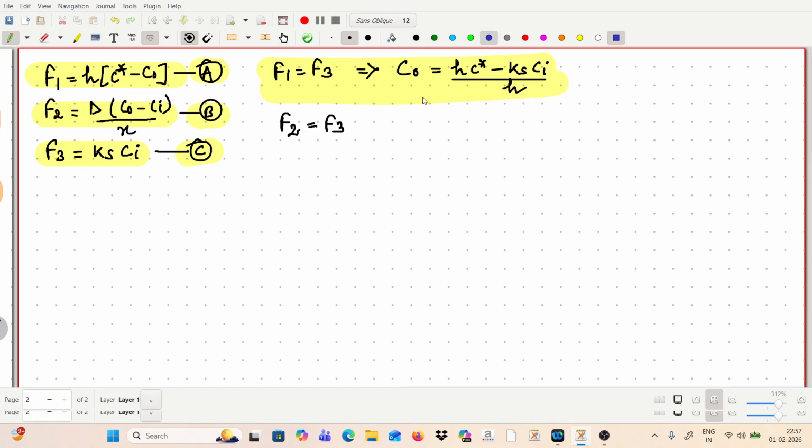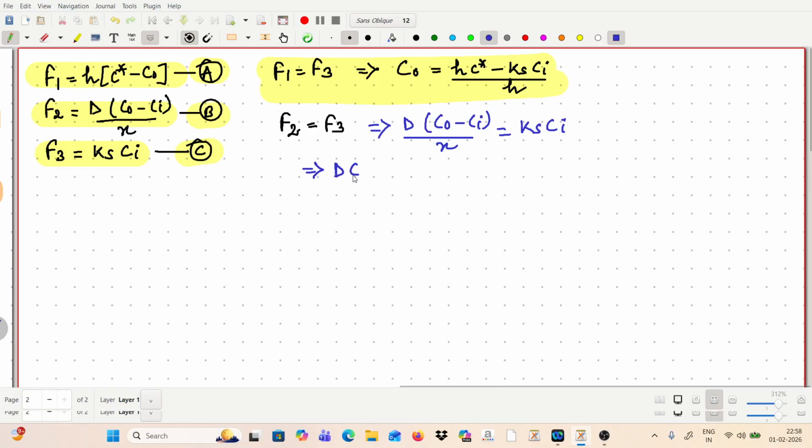So from this, what can we write? D times (C naught minus Ci) upon X equals Ks Ci. Now C naught is known to us, so can we find Ci? We can easily find Ci also. For this purpose we will go step by step.